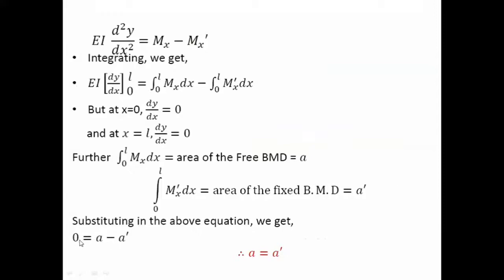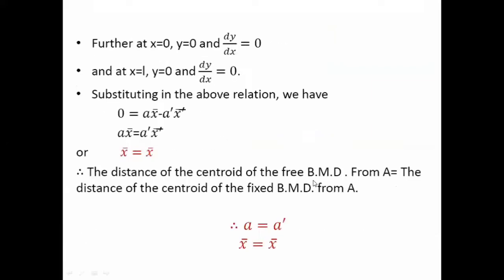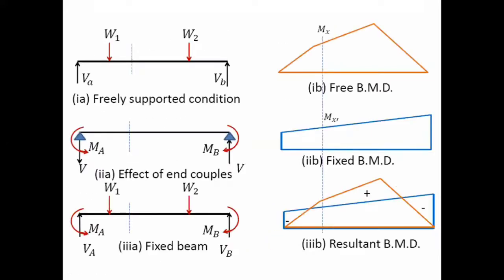It means again we have used the principle of least work, and the second theorem of Castigliano is applied here. So this is the concept of total strain work done and internal energy stored applicable to fixed beams.